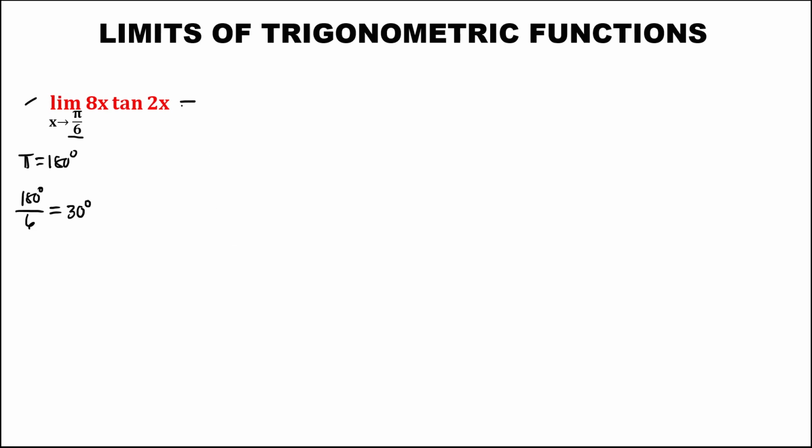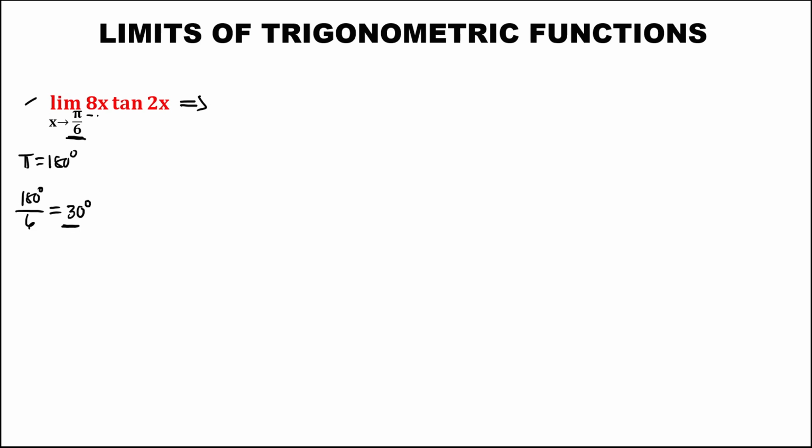Then to solve now for this limit, take note that if x is used as a variable, this is the value for x, and if x is used as an angle, this is the value for x.